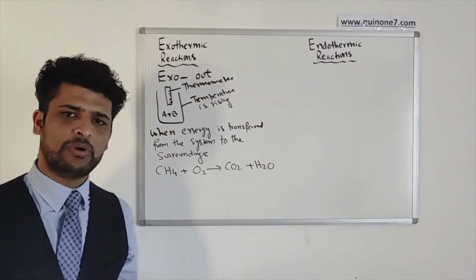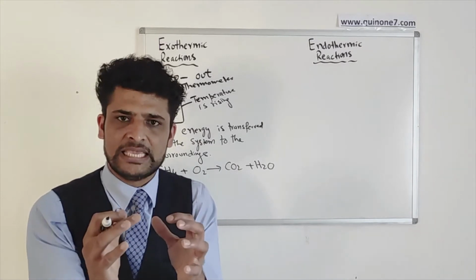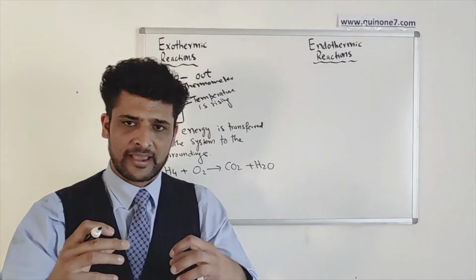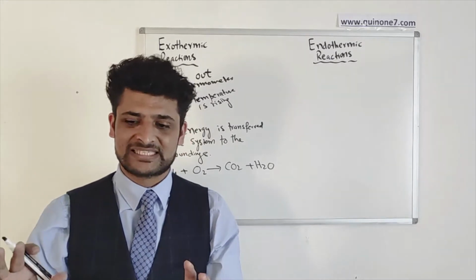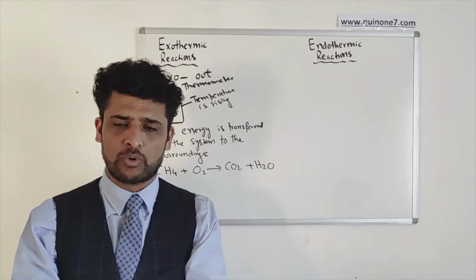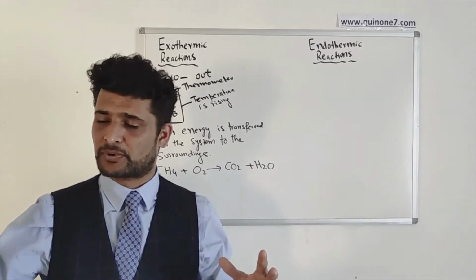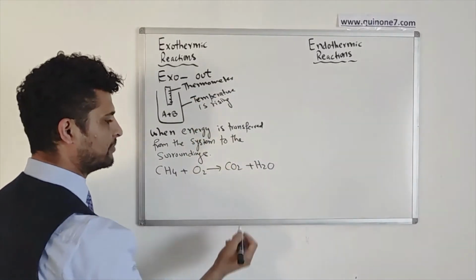Now, when you burn the gas at home on the cooker, you will feel heat. If you leave your gas cooker on for a bit, you will see that the temperature goes up, because the energy is coming out and is transferred from the flame to the surroundings. So that type of reaction is called an exothermic reaction.